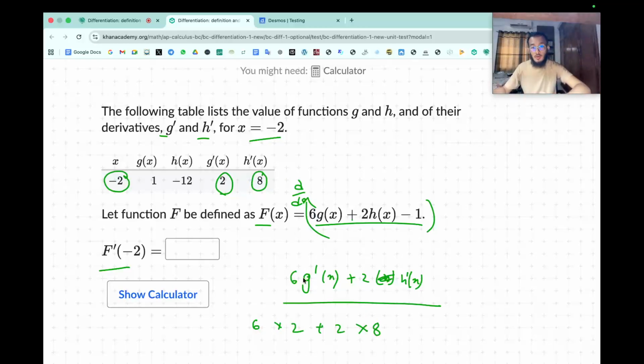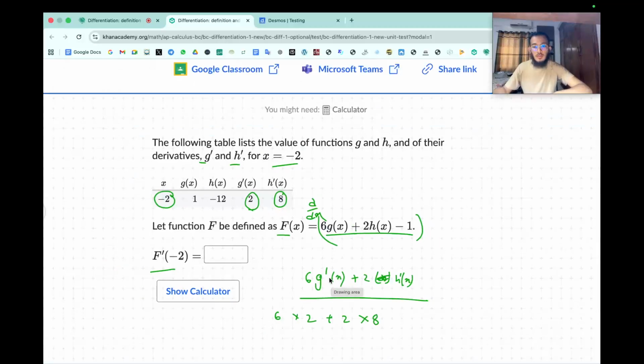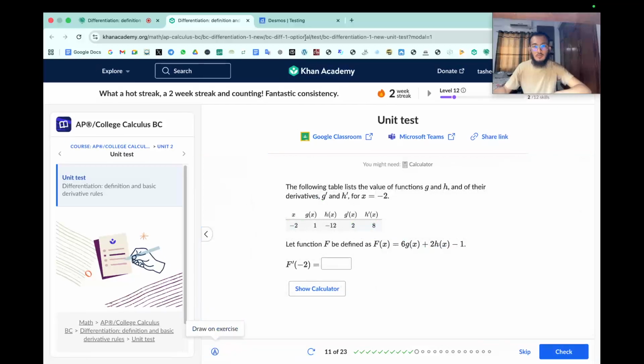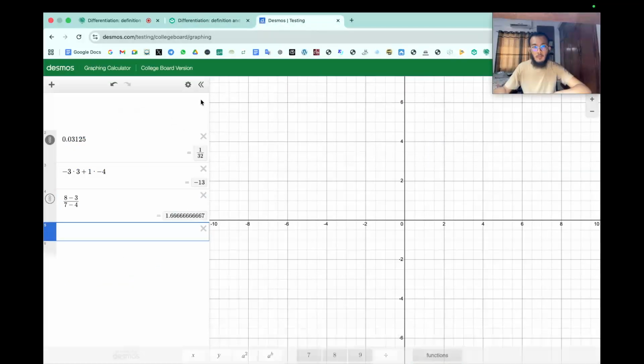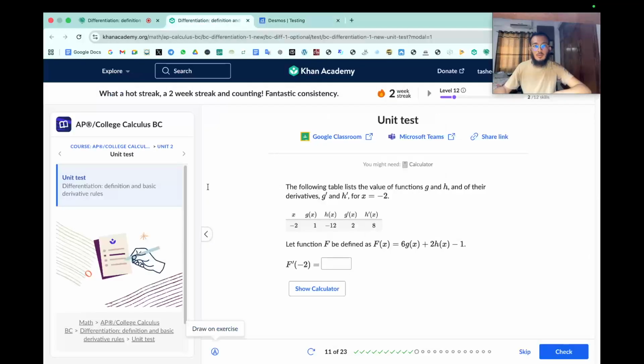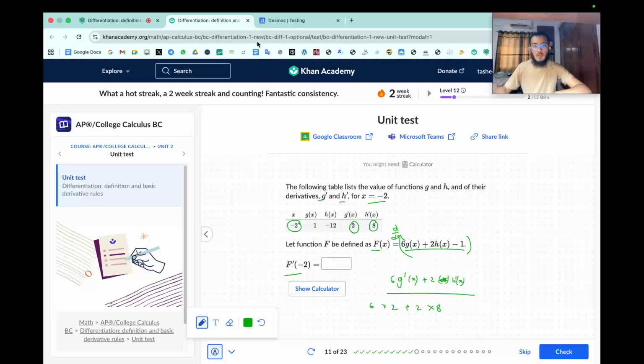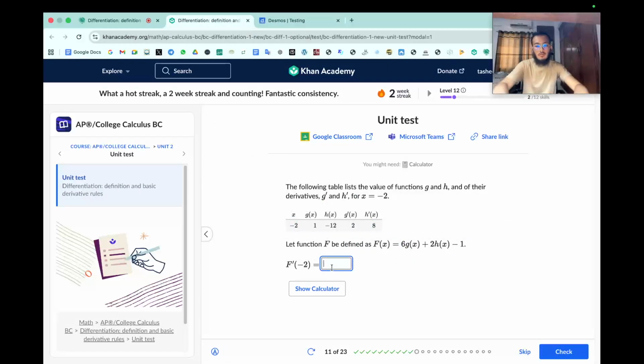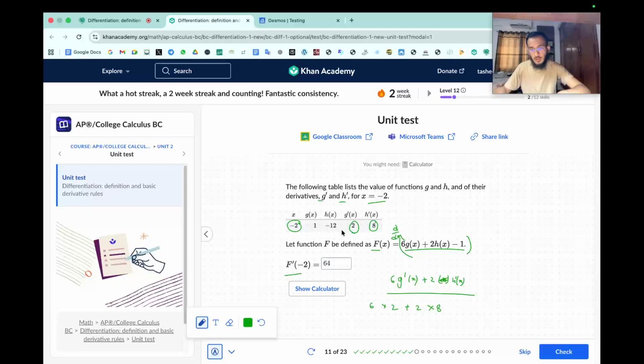So 6 times 2 plus 2 into 8, 64. So we don't need the values for g and h themselves. No, we don't need that.